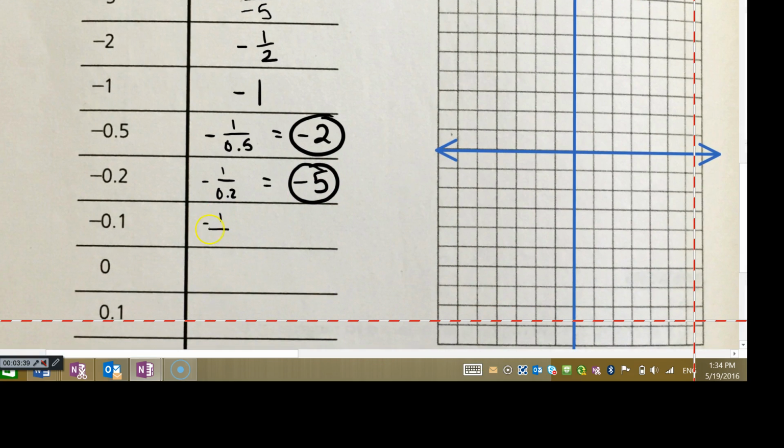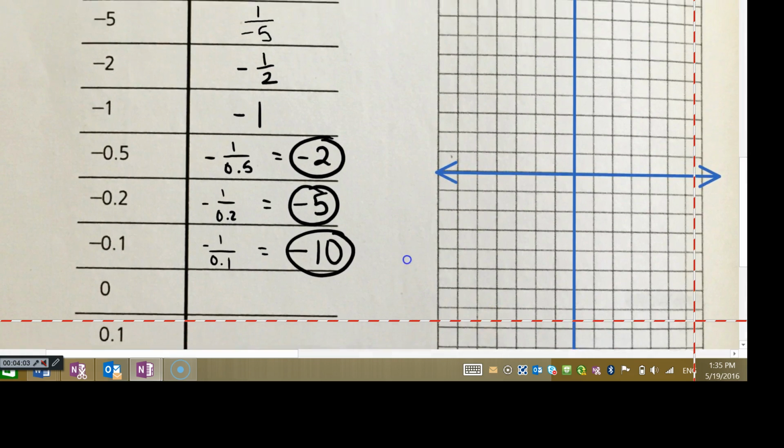Negative 1 over 0.1, that's going to be negative 10. So cool, right? I think I gave a lot of you guys the spiel in grade 9 that 1 over 0 is not really undefined, it's actually infinity. So try to remember that talk from like 2 years ago, okay?